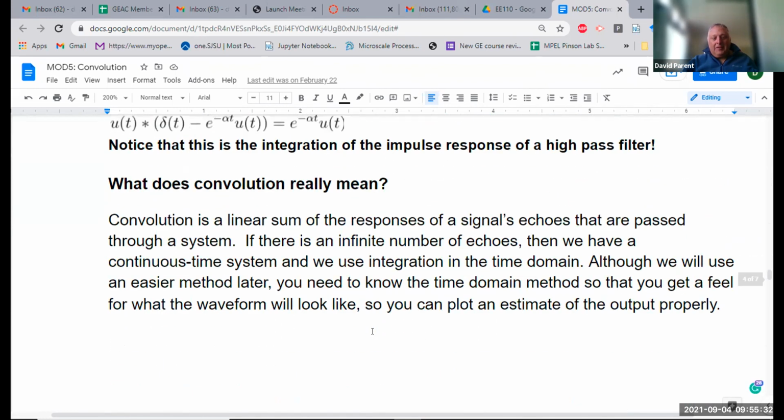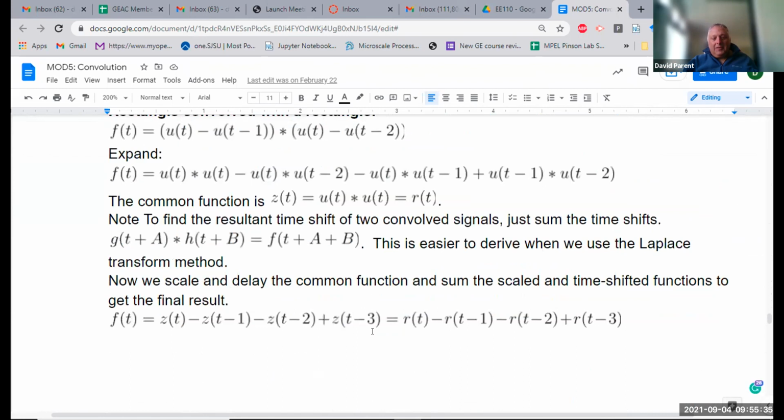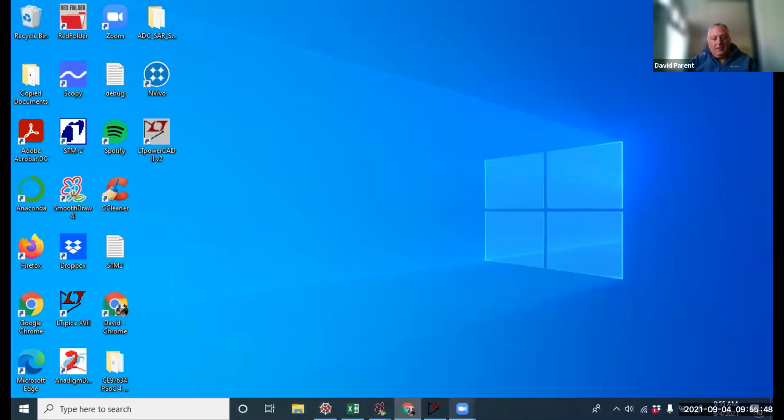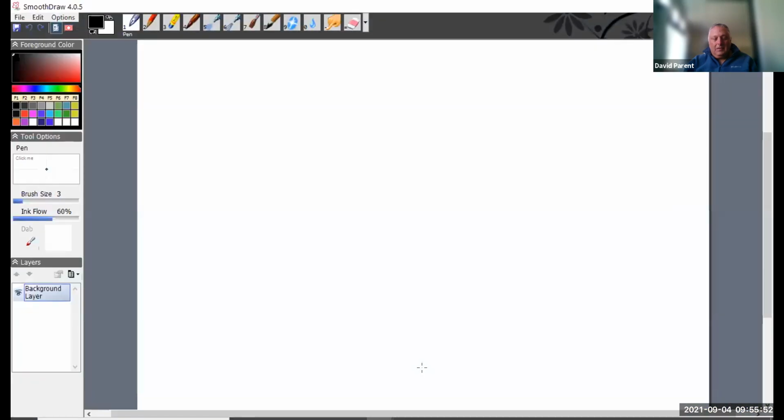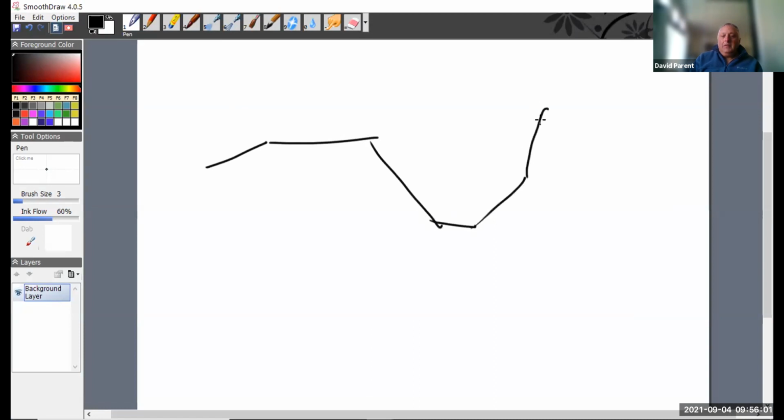If I came back down here, I shouldn't have scrolled too quickly. But notice, I'm convolving a u(t) with all these other things. Remember the first of the first homeworks, hey, what is this function?